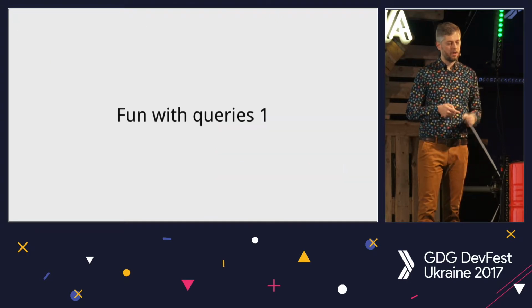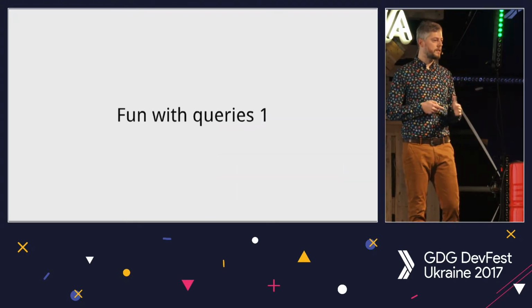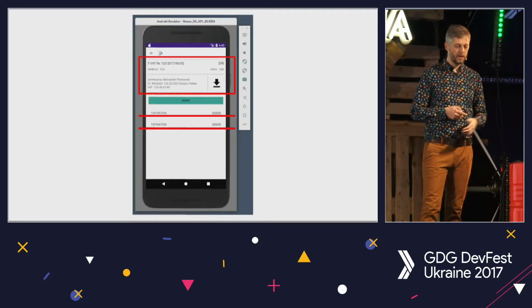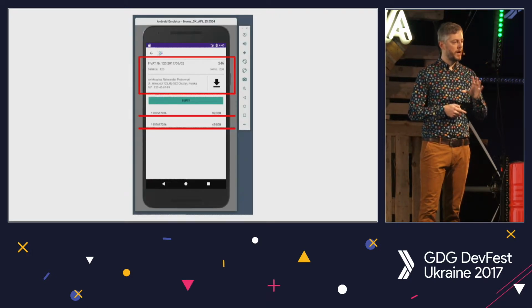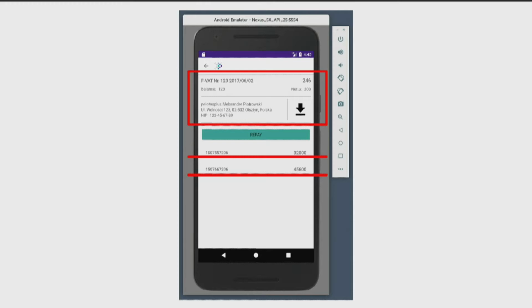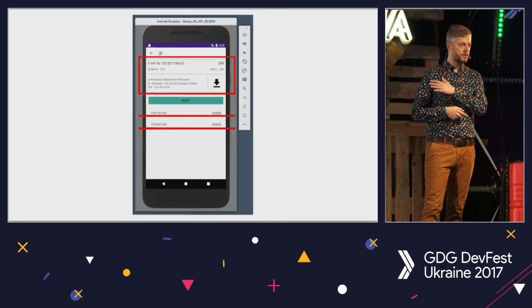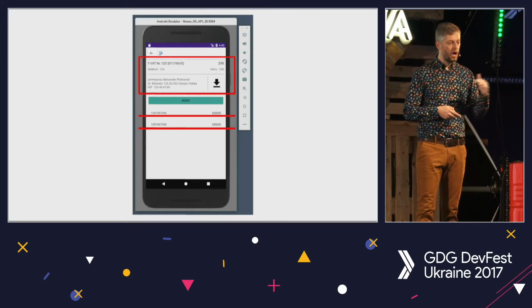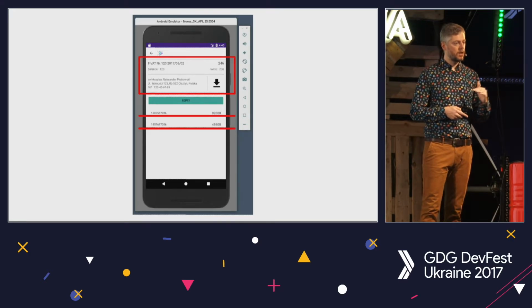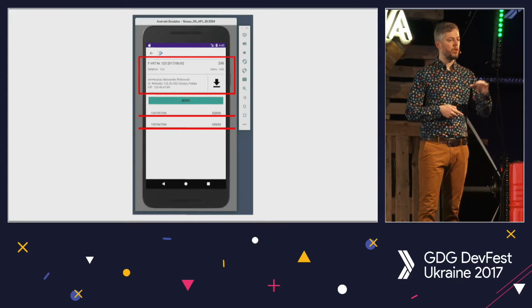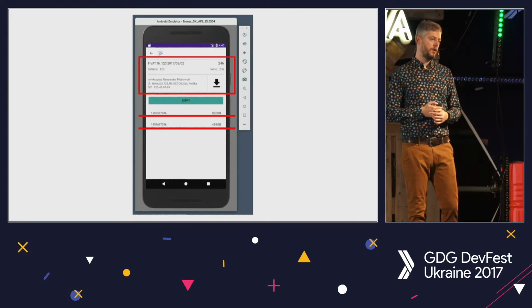And now onto a real relation, which is done in, I would say, a nice way. So this is my detail screen in my application. On the top, I have information about the invoice. Let's say that's all the fields I need from the database, all the columns I need for this information to be shown. At the bottom, I have a list of all advanced payments belonging to this invoice.